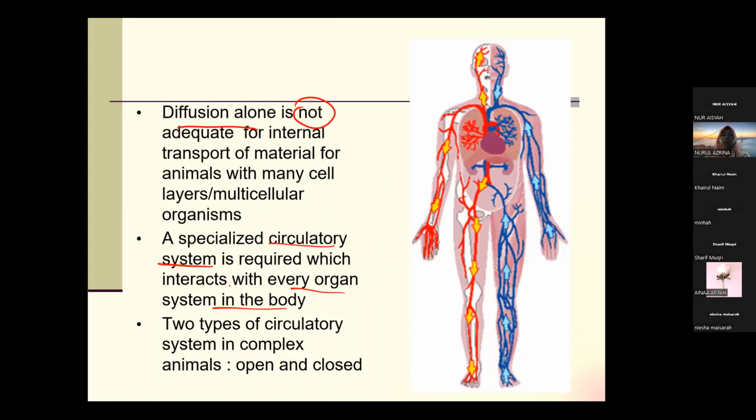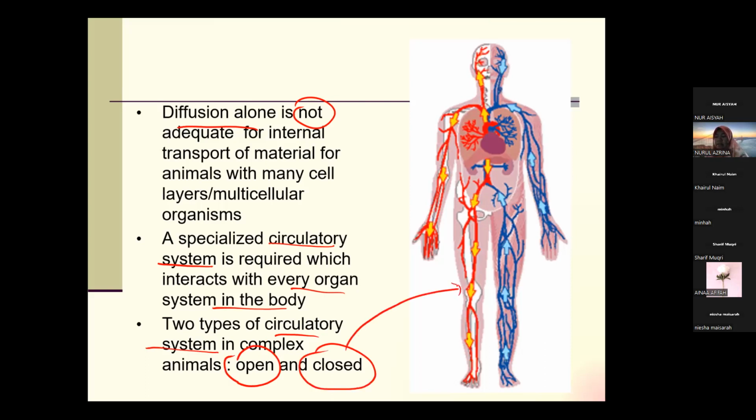Meaning to say, for multicellular organism, simple diffusion is not enough to support the exchange of material. So we need a very specialized system, which we call circulatory system. So circulatory system is divided into two: open circulatory system and closed circulatory system. Closed circulatory system is what we have.